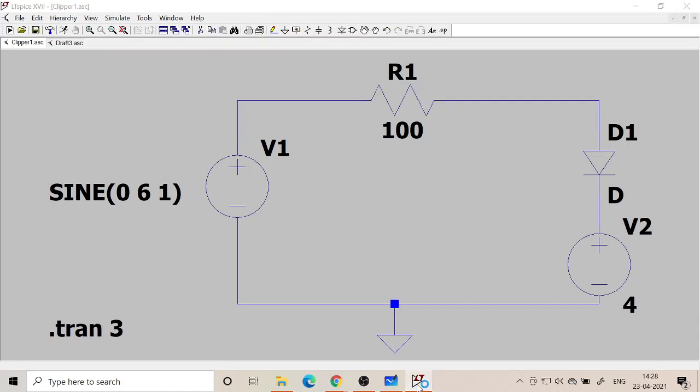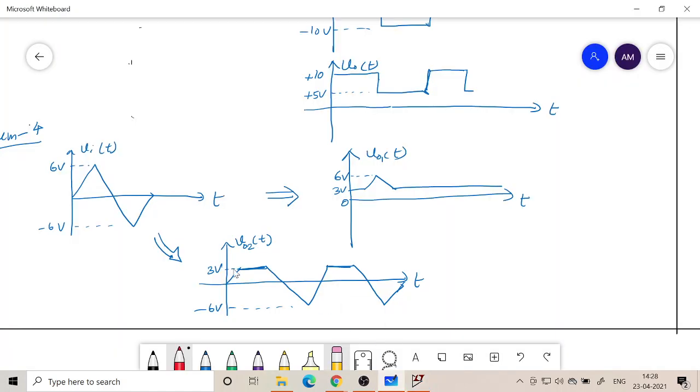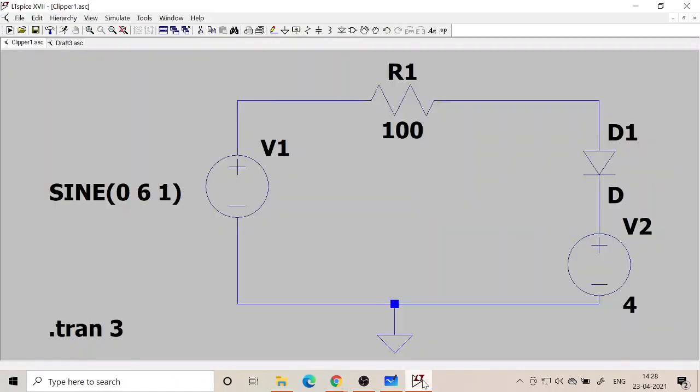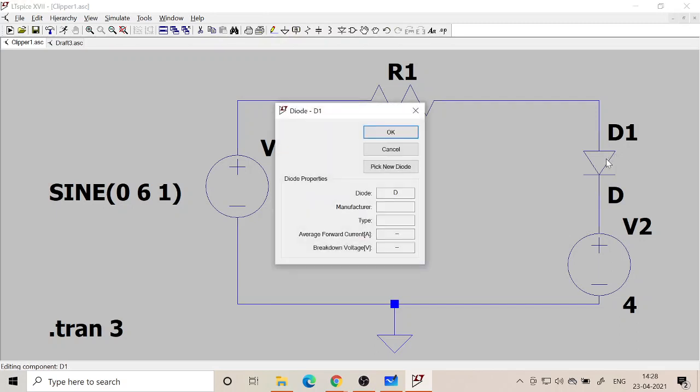Then what is the output I want? I want to clip off anything above 3 volt. Now here also there is a diode. I have not specified the number of the diode, so I can pick the diode.